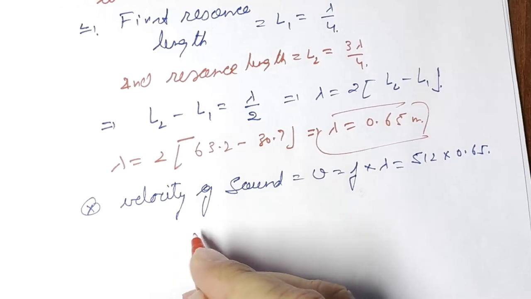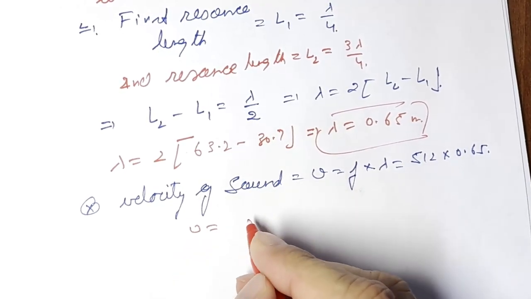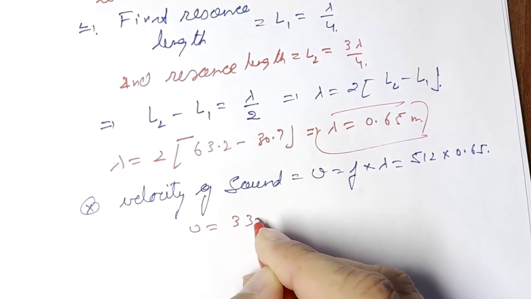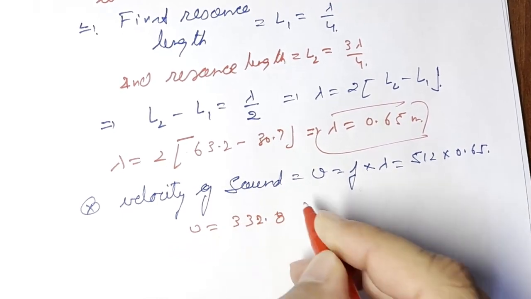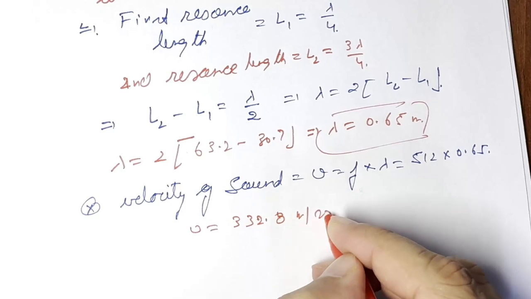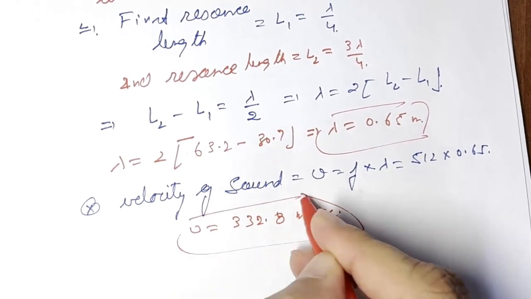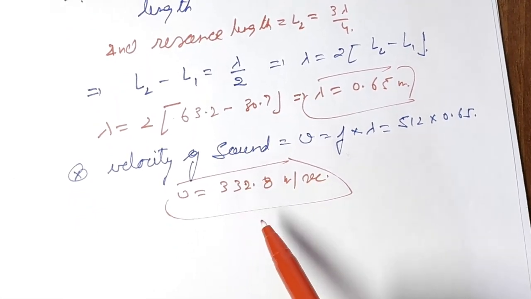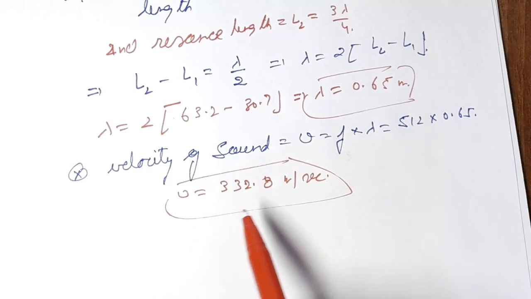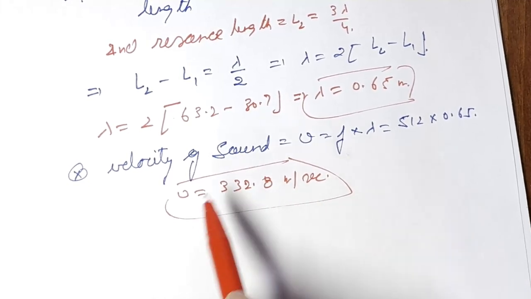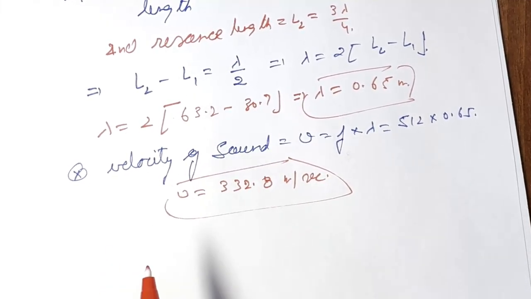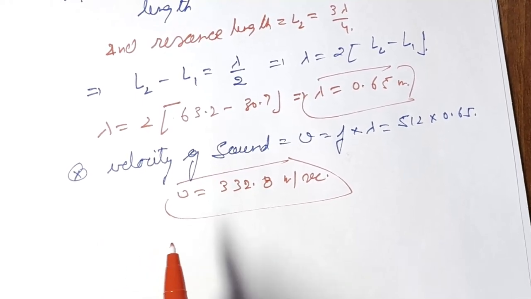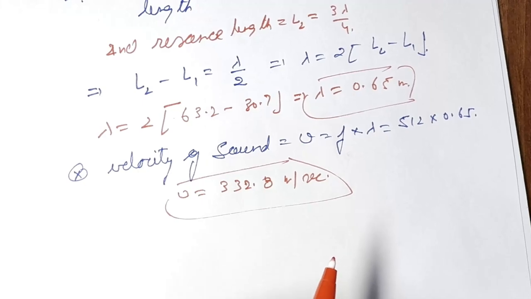So this gives us V equal to 332.8 meter per second. This is the observed value of the velocity of sound. But the actual value of velocity of sound is 330 meter per second.